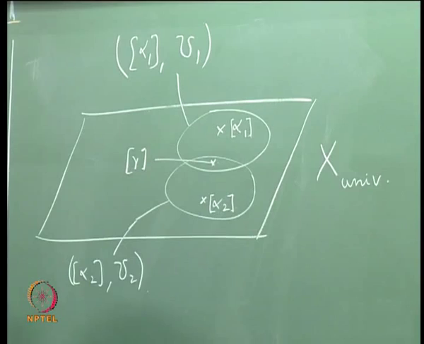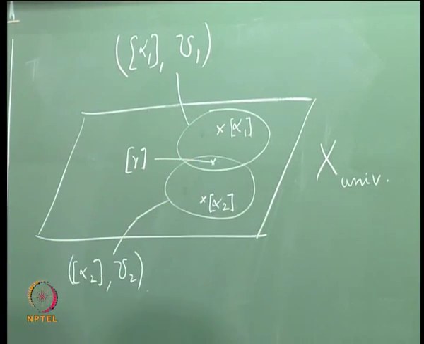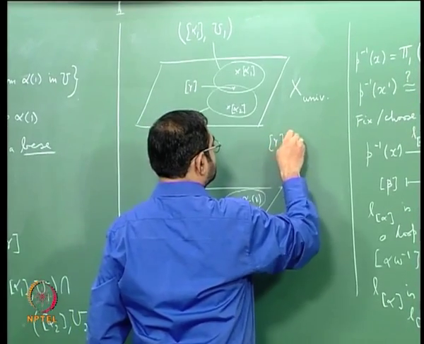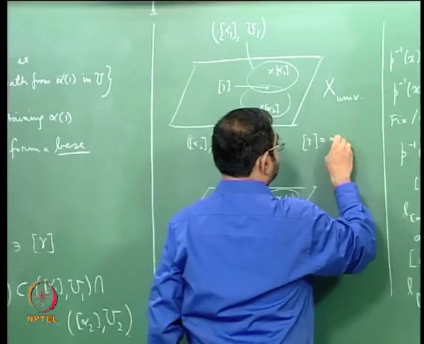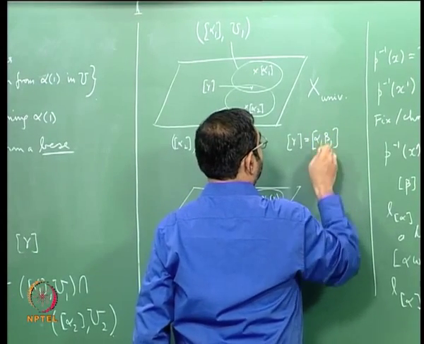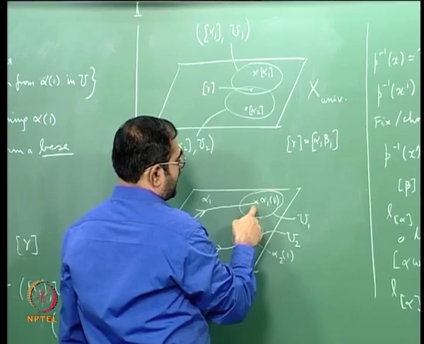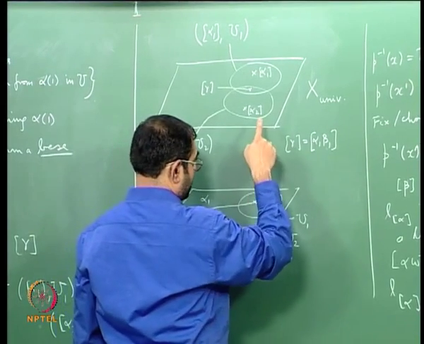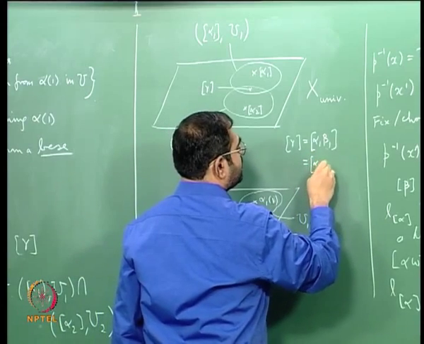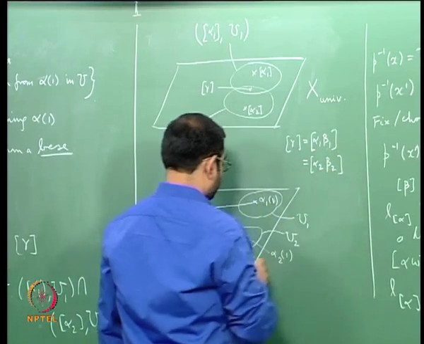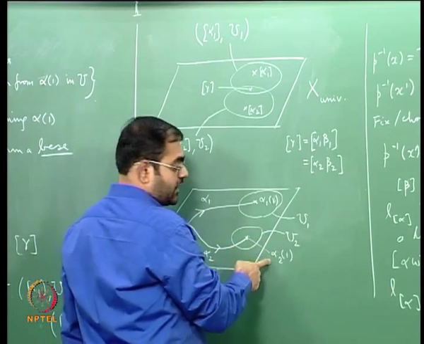So saying that gamma is in this as well as this is the same as saying that, going by this definition, gamma is also alpha 1 beta 1, where beta 1 is a path in u1, and it is also equal to alpha 2 beta 2, where beta 2 is a path in u2 starting at alpha 2 of 1.